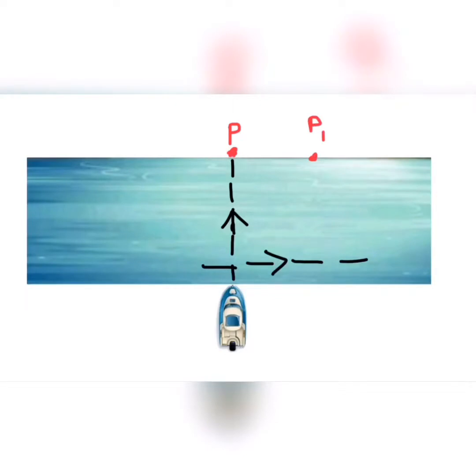The boat will actually reach point P1. Why is it like that? Motion of the boat is acted upon by two velocities, that is the velocity of the boat's engine, which is V1. This is the velocity of the boat's engine.